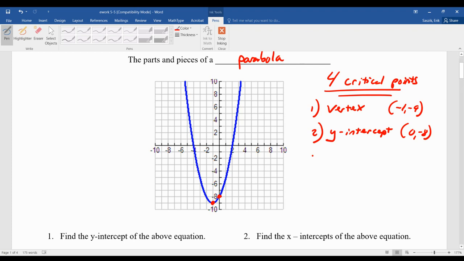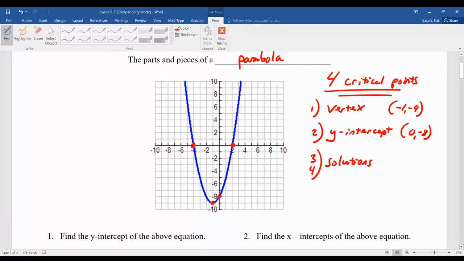Now the next thing is 3 and 4 are the solutions, also known as the x-intercepts. Here, our solutions are right there and right there, okay? So here we actually have 4 critical points, but we've talked about how parabolas sometimes have no solution. There might just be 2 critical points, just the y-intercept and the vertex. Sometimes they just have 1 solution, so it could have 3 critical points, but it won't have more than 4.